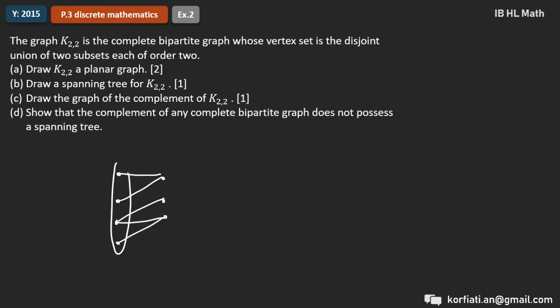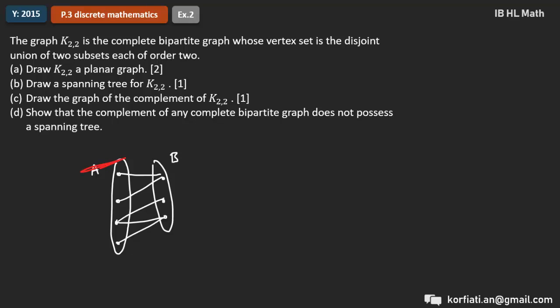So let's say that here I have set A, here I have set B, and it is absolutely illegal to connect with an edge two vertices that belong to the same set. That's the definition of a bipartite graph.